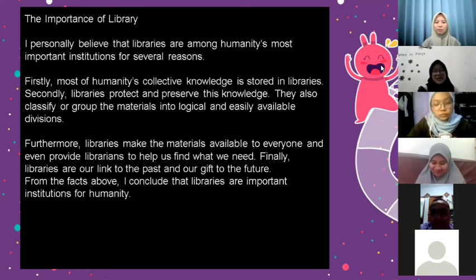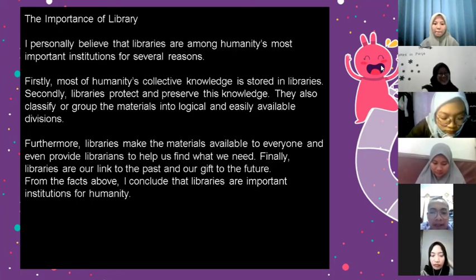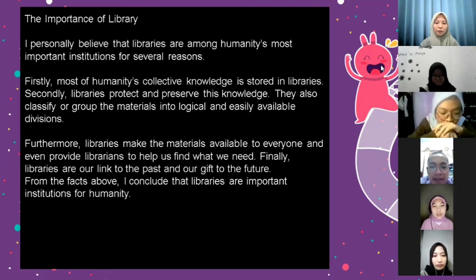I think that, I personally believe, and I conclude, those are the mental processes. That's great, Tika. How about the simple present tense? Can 2 of you mention it? Me, sir. Maybe libraries are among humanities' most important institutions. They also classify or group the materials.